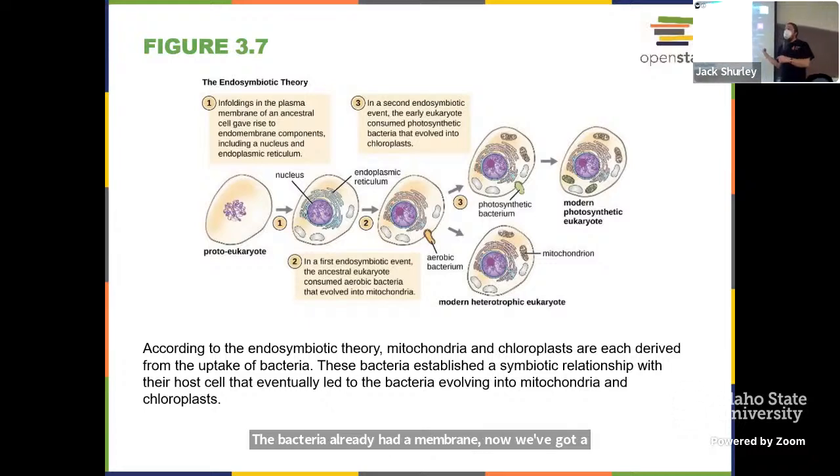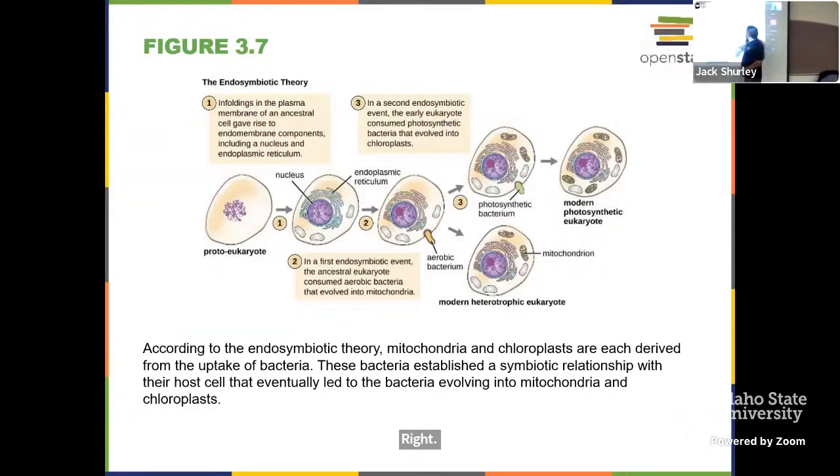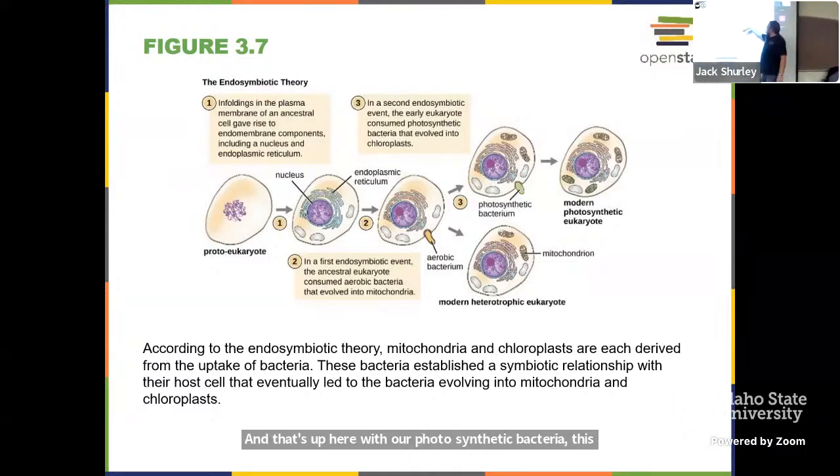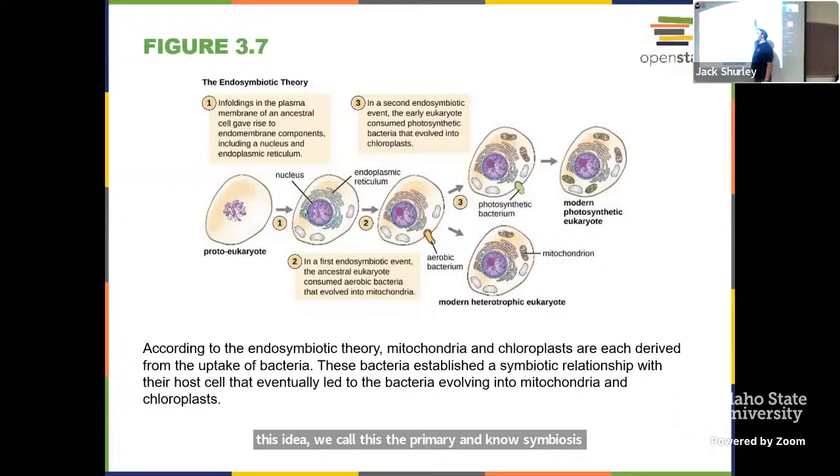The same with the chloroplast, showing these suckers were eaten at some point, but they didn't get digested, right? And that's up here with our photosynthetic bacteria. This idea, we call this the primary endosymbiosis, and the second bit was the secondary. And we call it that because this happened after the mitochondria.